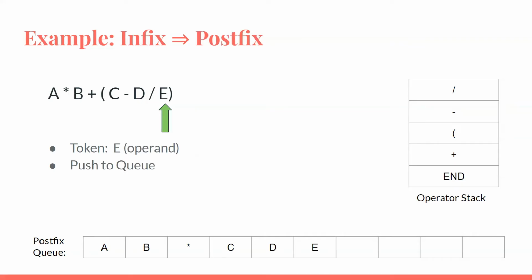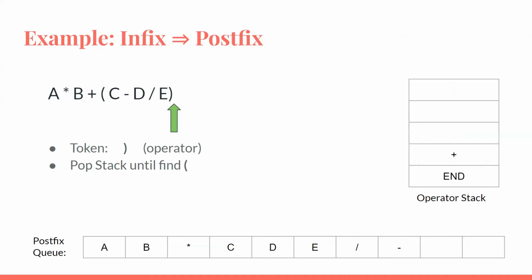That's just an operand. Now, when we see a closed parentheses, what we're going to do is pop from the operator stack until we find that open parentheses, and we're going to push everything we pop from the stack into the queue. So we pop the division sign and the minus sign, put them into the queue, right?